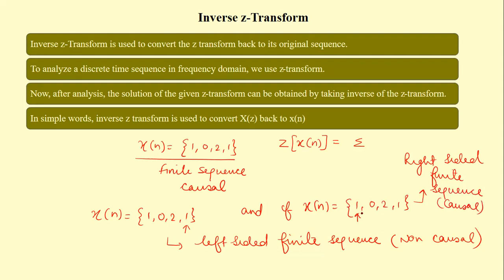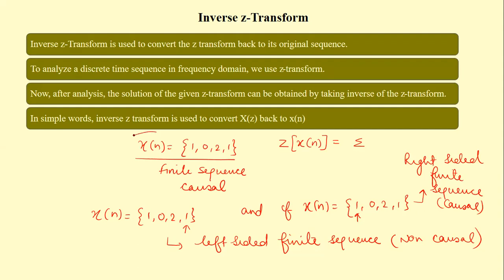Now a causal sequence, or causal signal, is the one in which we have only past and present data, right, information. However, a non-causal signal is the one in which we have future information also, future data points also.